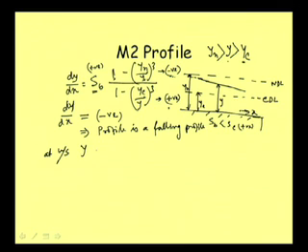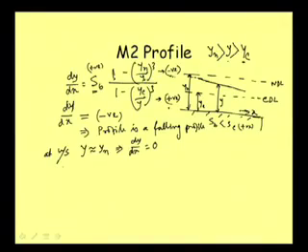So at upstream y is approximately equal to yn, and when y becomes approximately equal to yn, this ratio becomes 1 and our dy/dx becomes equal to 0, that we have already discussed in the last case of the M1 profile, where when y approaches yn, the normal depth, dy/dx becomes 0, and that means y tends to become yn asymptotically. Okay.